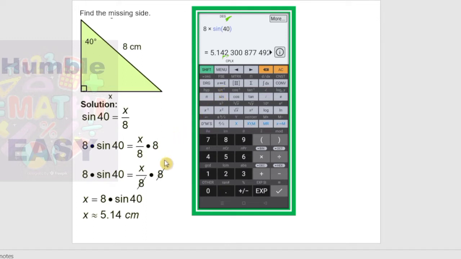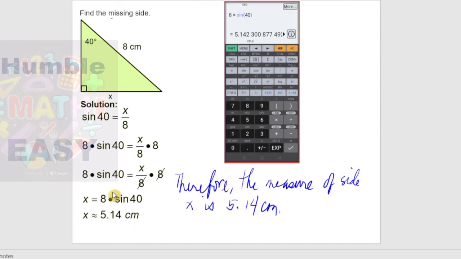Therefore the approximate value of x is 5.14 centimeters. We can now say that the measure of side x is 5.14 centimeters for figure 1. So let's proceed to figure number 2.